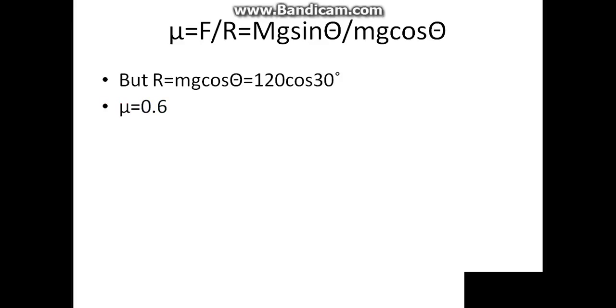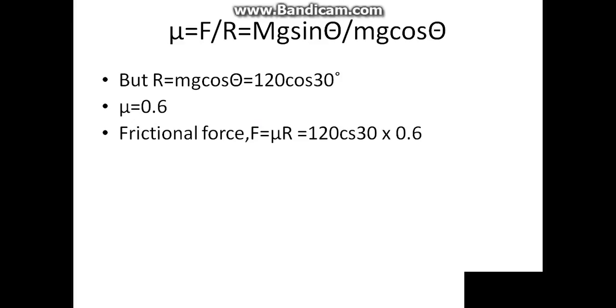But the coefficient of static friction mu, or the efficiency, is 60%, which is equal to 0.6. Frictional force F is equal to mu R, which is equal to 120 cos 30 times 0.6, which is 120 times 0.866 times 0.6, which will give us 62.35 Newton.